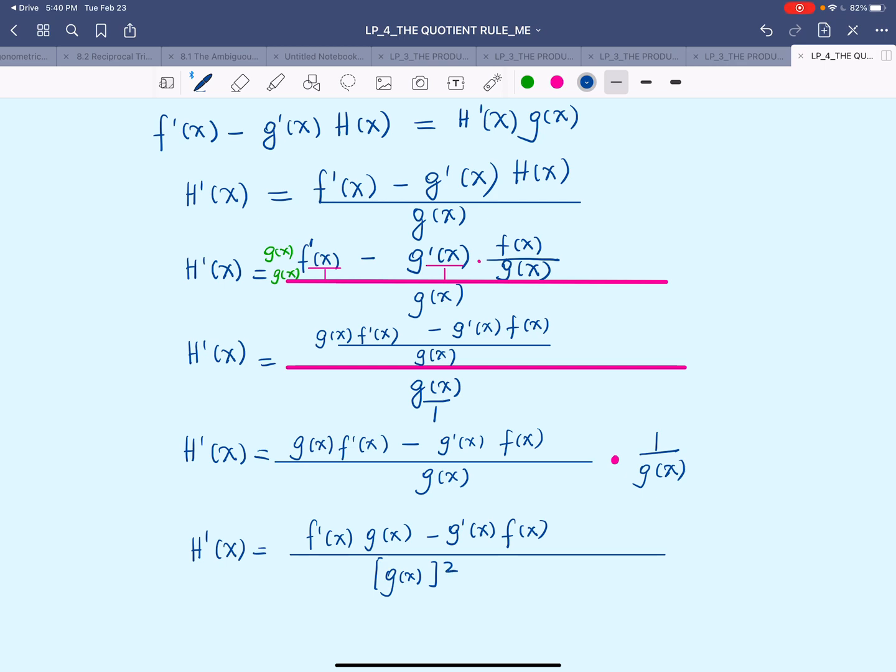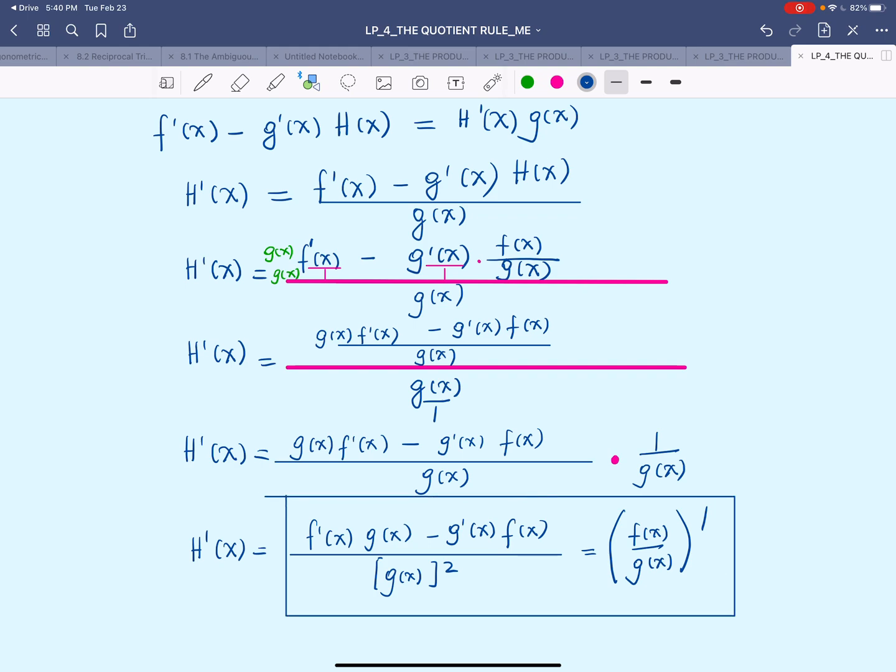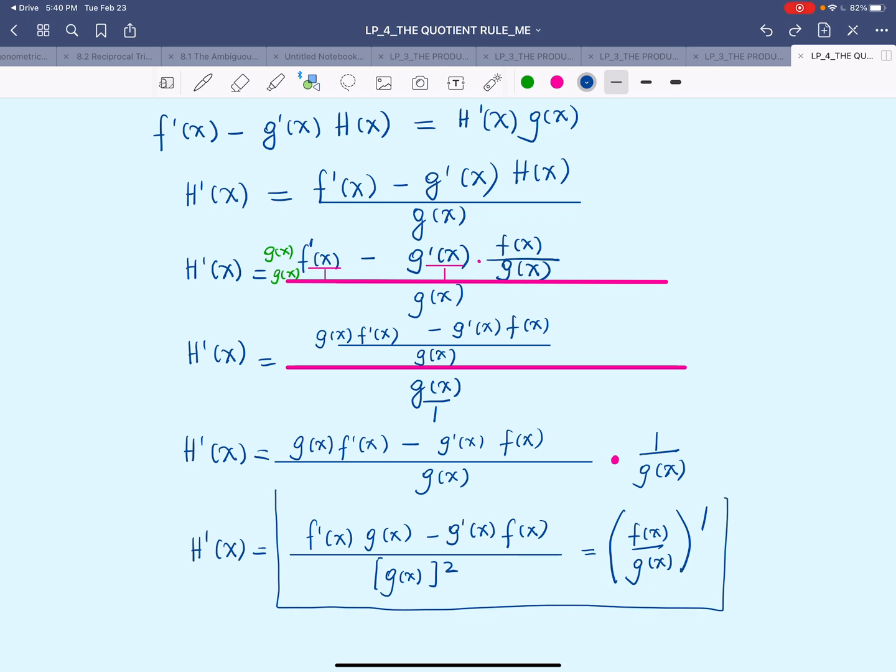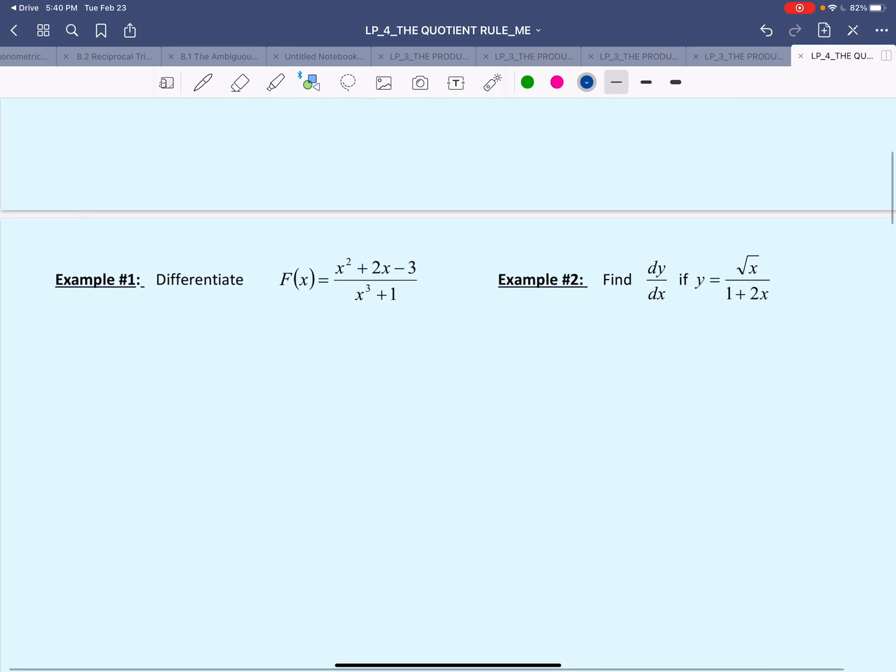And that would equal the derivative of f of x over g of x. Okay, so this is the quotient rule, the derivative of the ratio of two functions. Okay, so now we're going to take a look at some examples.